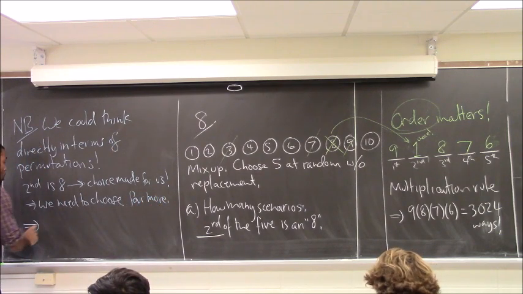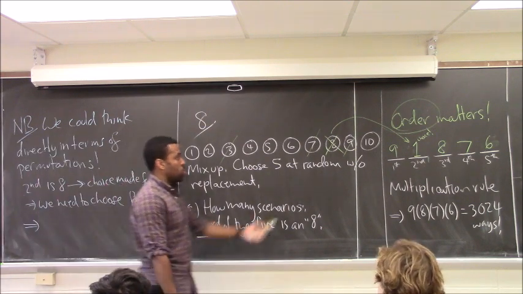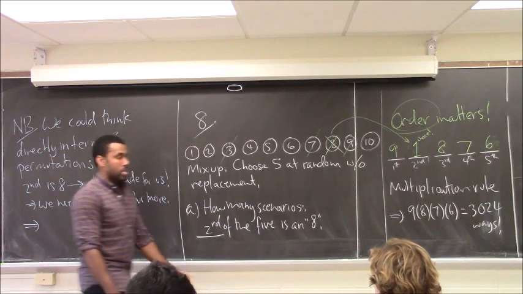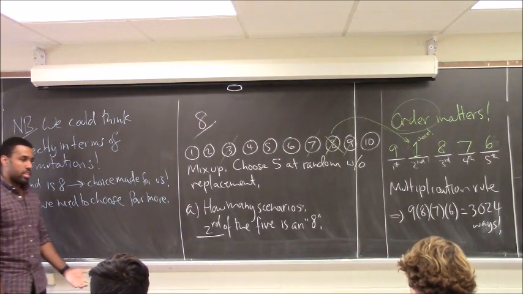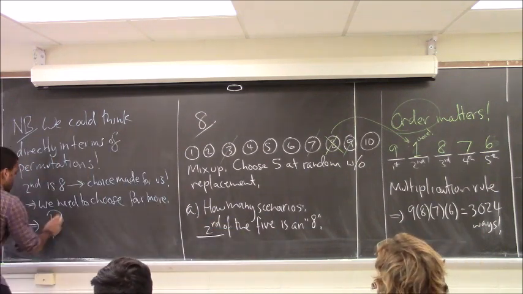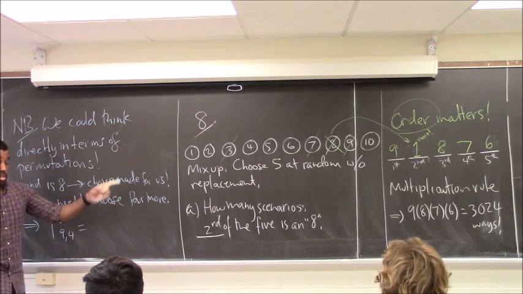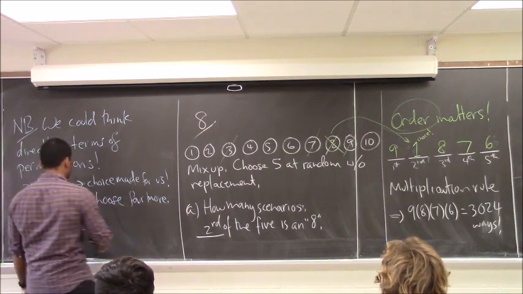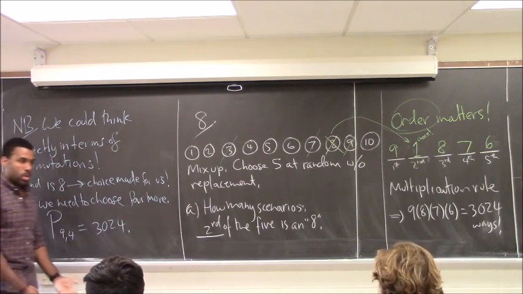Now order matters. I know I need to pick 4. How many options would I have if 1 is already chosen for me? 9. So now it's just a matter of how many ways can I choose 4 things out of 9 things in a certain order? That's P94. And if you calculate that, that's actually that. So you could also think of it that way.